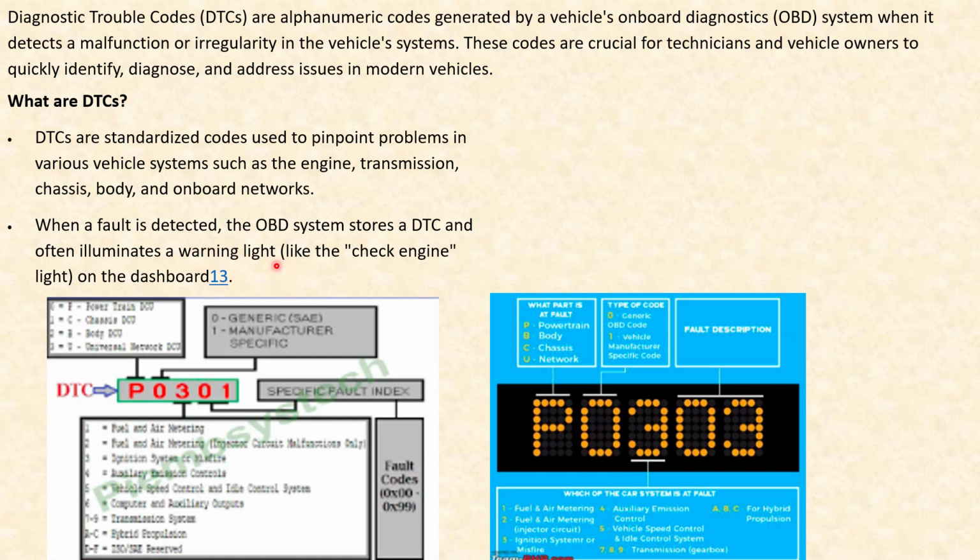I'm sure everybody has seen this check engine light, and whoever owns a car must have definitely seen that light. Now if you see the bottom, I have clearly given some pictures and also explain how this is denoted. I request all of you to pause the video and study this very carefully. Of course, I will explain.